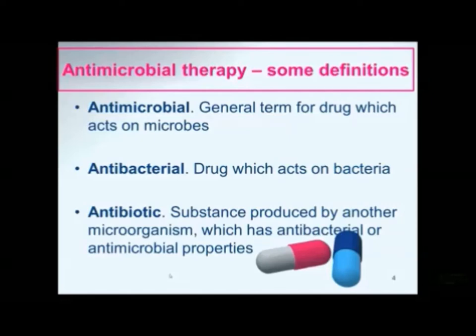So those were truly antibiotics. But now the large majority of the antibacterials that we would use clinically are synthetic drugs. They are no longer produced naturally, although some of them are, penicillins, some of them are still produced by molds, but a lot of them are synthetic derivatives of those antibiotics.